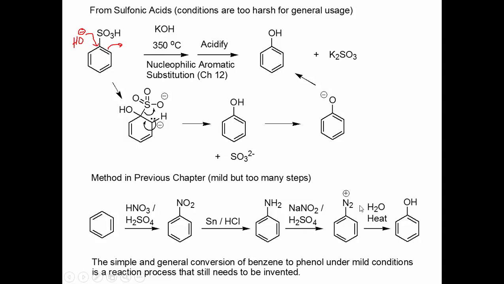And then we're going to heat this in the presence of water, and the diazonium salt will convert into the alcohol. Okay, this is a simple and general method, but again, its limitation is that it has quite a few steps, but these steps kind of come as a package, as you might recall in the diazonium chemistry.